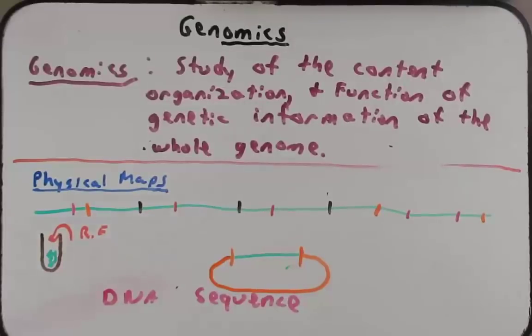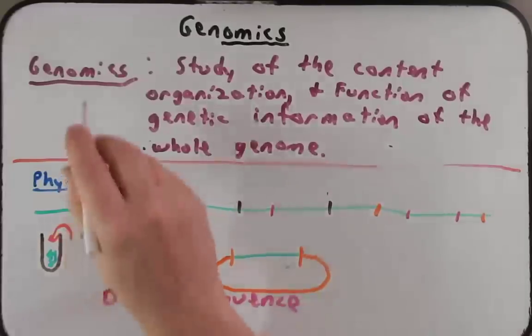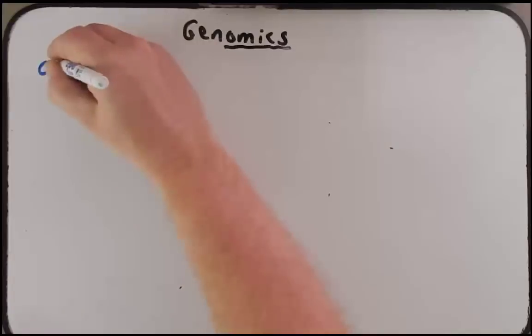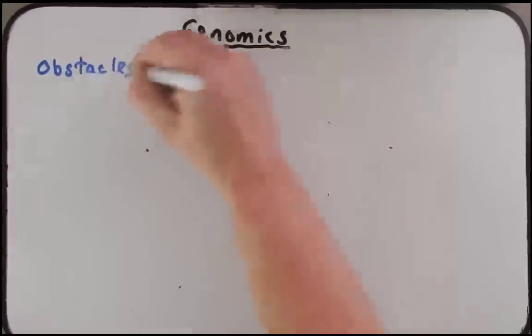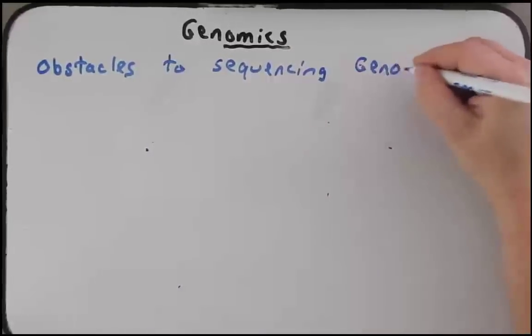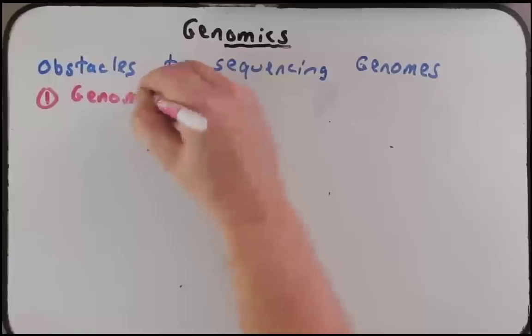So it seems like it's a doable process, but there were some obstacles. And I want to talk about some of the obstacles that early genomic investigators faced trying to get this DNA sequence. So some obstacles to sequencing genomes. The first is that genomes are huge.